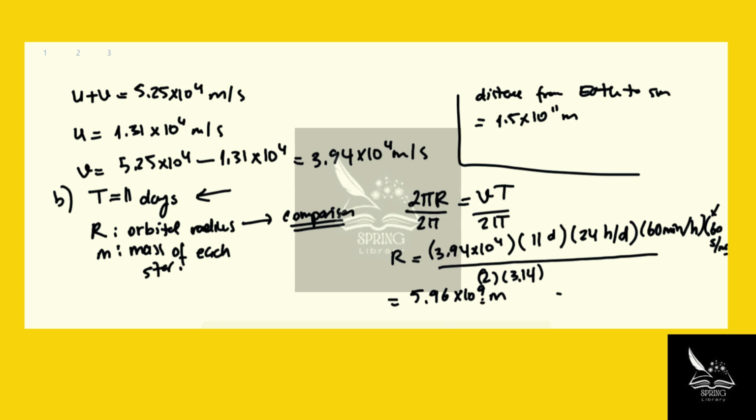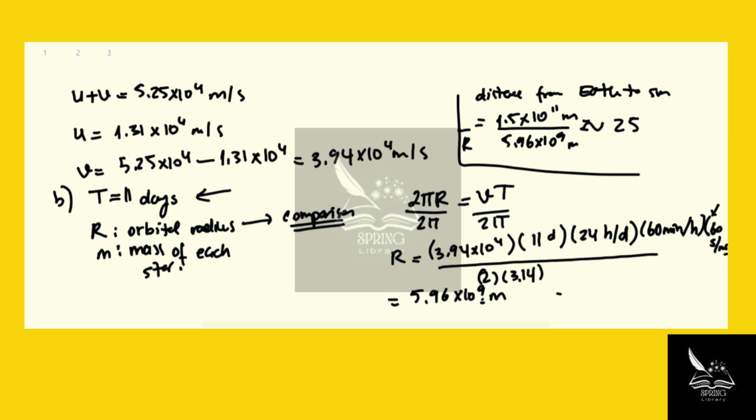If you want to see the ratio, let's take the distance from Earth to Sun divided by the orbital radius we have, 5.96 times 10 to the power of 9 meters. You're going to see that it's almost 25 times. So the distance from Earth to the Sun is 25 times greater than this orbital radius that we're talking about.